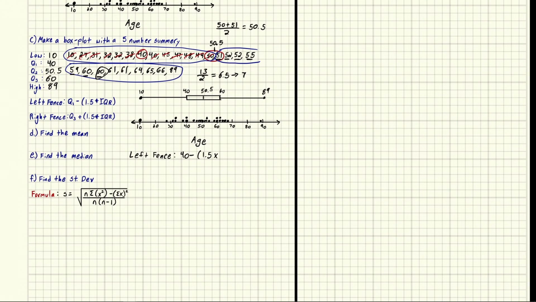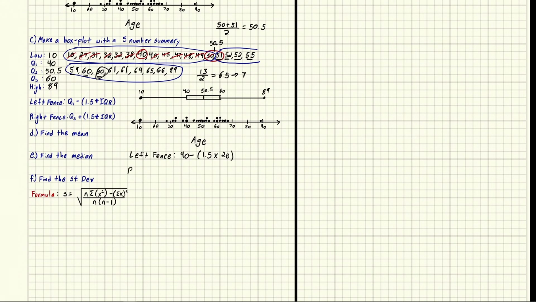That's kind of the thought process behind this. The interquartile range is the difference of the 3rd quartile from the 1st quartile. It's this middle box. So that's going to be 60 minus 40. And that's going to tell us how long this box is. And so 60 minus 40 is 20.